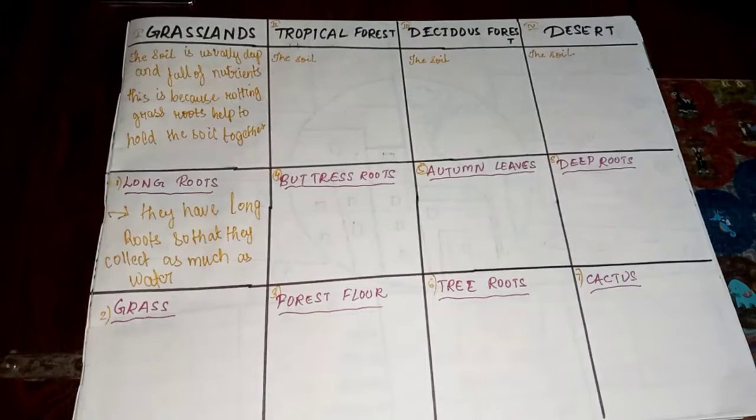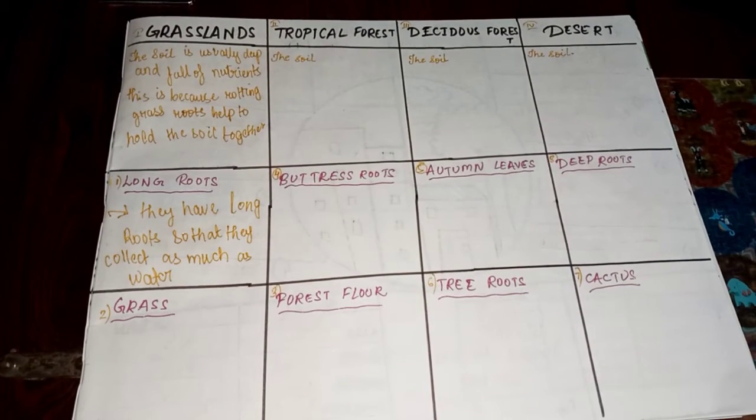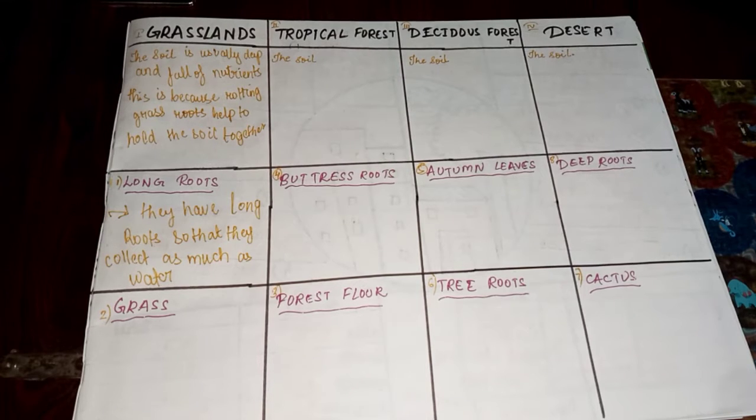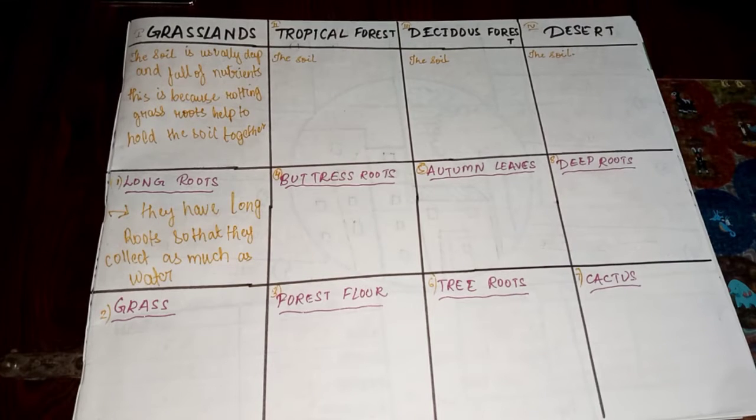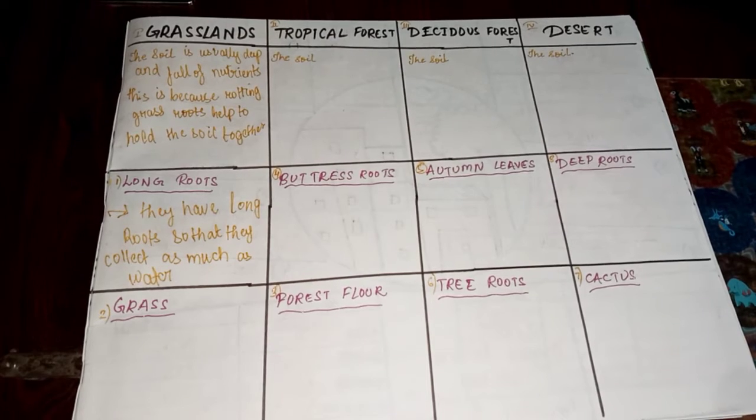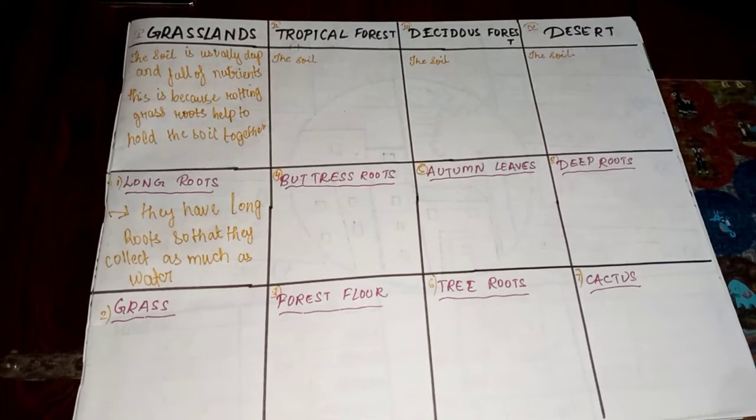Actually, these grasslands are in places where trees are not available that much, because mostly grasses are available, in much greater quantity than trees. The grass helps hold the soil together, that's one advantage, and they also have long roots, so they can collect as much water as possible from the underground water base.